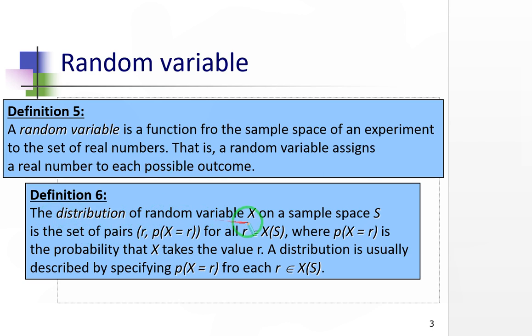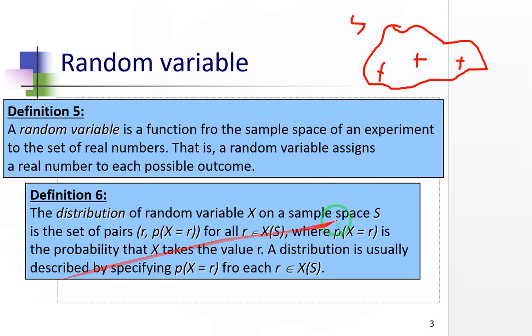The distribution of a random variable X on a sample space S, this is your sample space, and we are distributing by random variable X, is the set of pairs (r, p(X = r)) for all r belonging to X(S), where p(X = r) is the probability that X takes the value r.